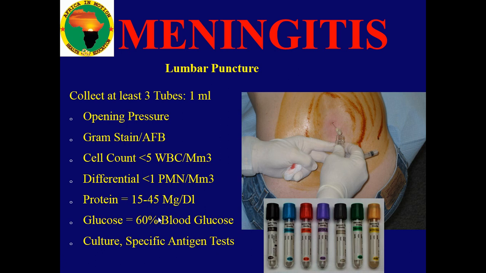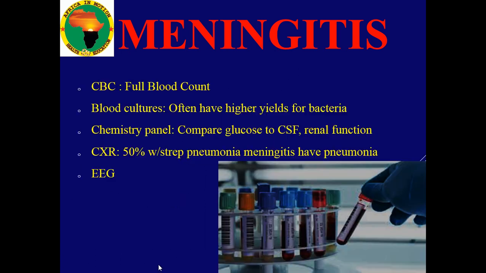If the sugar is decreased, normally we are supposed to have at least two thirds of the blood sugar, which is 60%. If it is low, it tells us that bacteria have been there consuming that sugar. Then you cannot forget to take blood, where you do a full blood count, and you can also do a culture to identify whether the infection went from the blood to the brain.